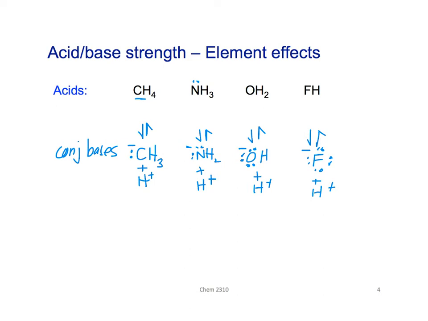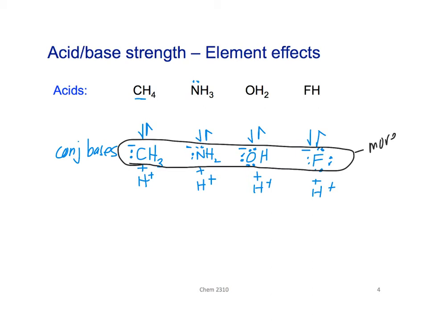Okay, so just like before, what we want to do is look at these conjugate bases and ask ourselves which is more stable. Okay, so we have a minus charge on carbon on the left. We have a minus charge on fluoride on the right. And so in this case, like before, an obvious difference is if we look at electronegativity.